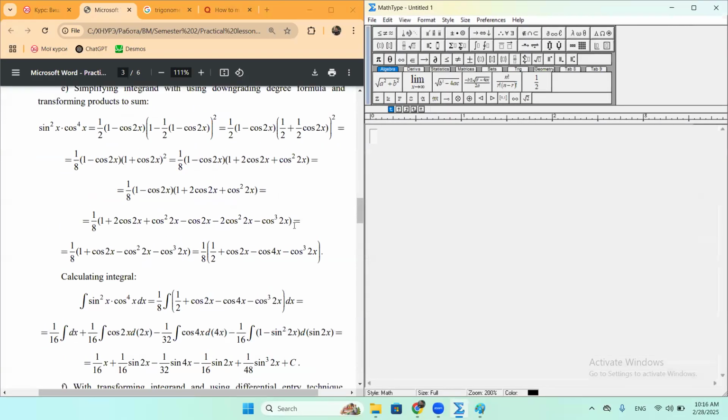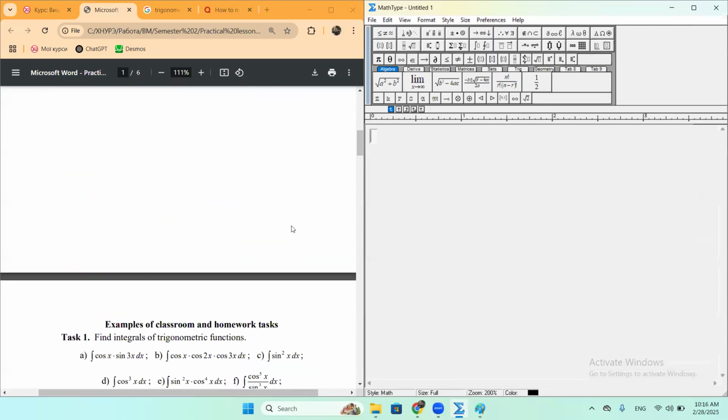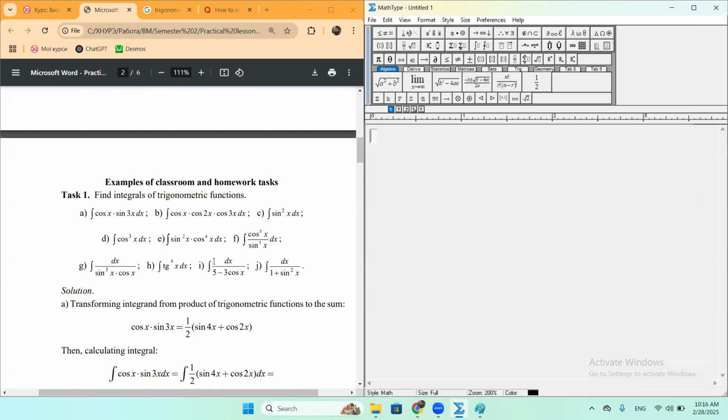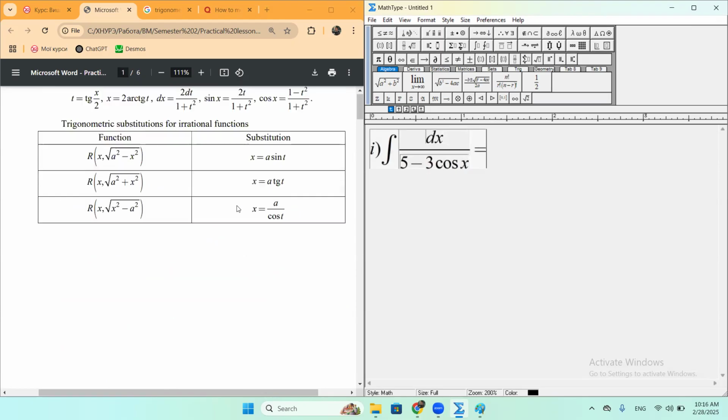Okay, now let's solve the following exercise. We will use the universal trigonometric substitution. For such cases, when we have a linear combination of sine and cosine, for example in the denominator or in the numerator, for such fractions. So how to use it?